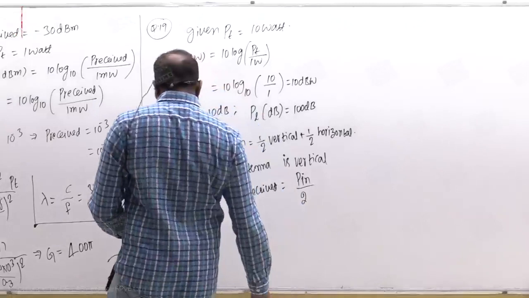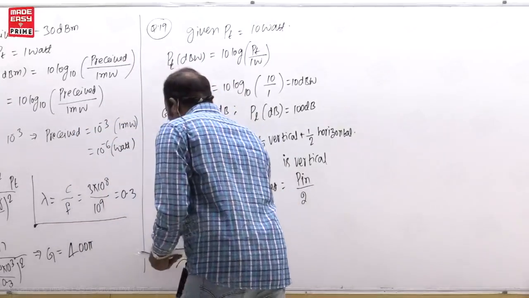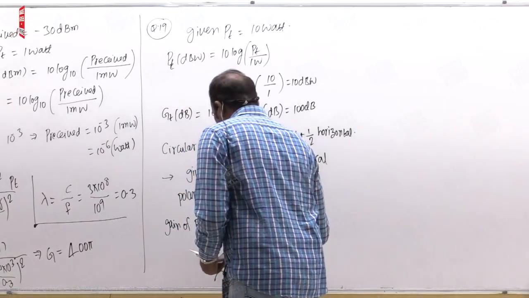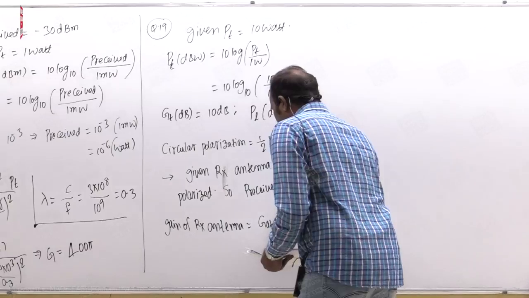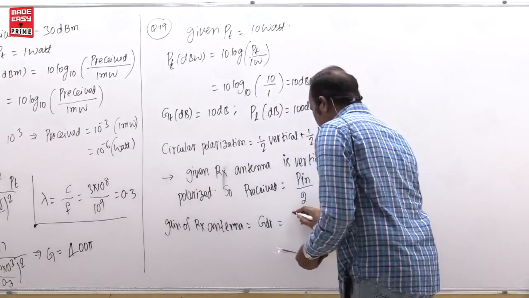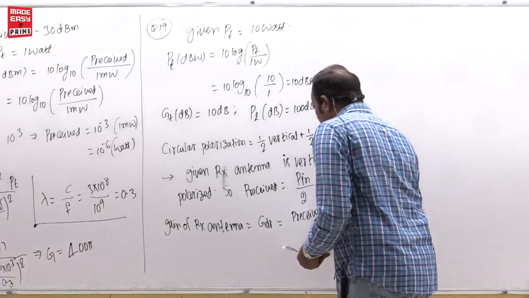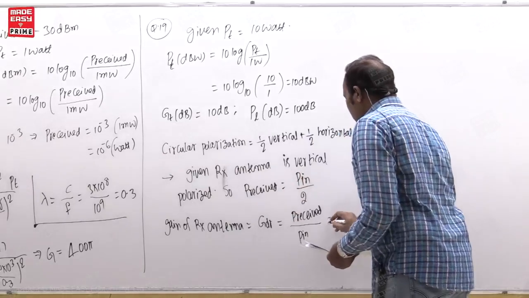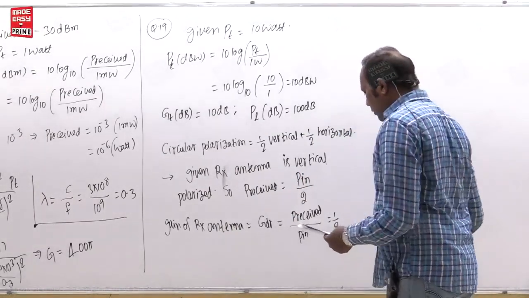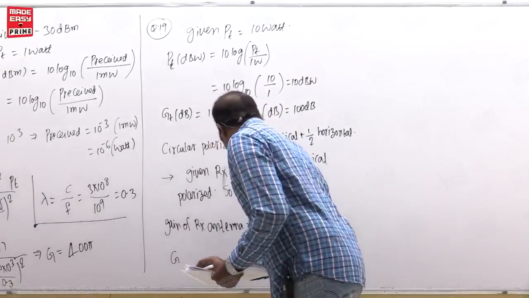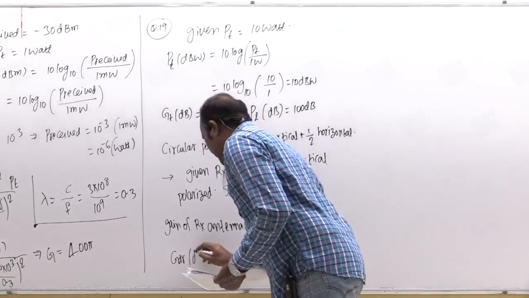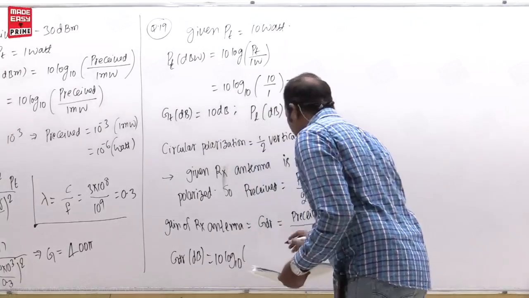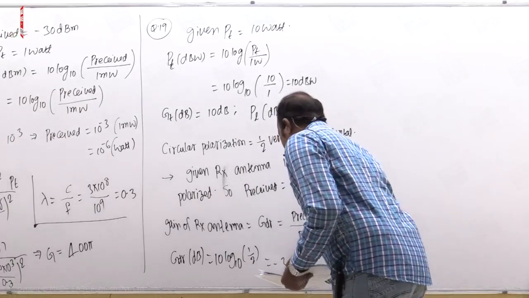Then what is the gain of the receiving antenna, dear students? The gain of the RX antenna, GDR, is equal to power received divided by P in, which is equal to half. If you find the directive gain of the receiving antenna in decibels, you get 10 log 10 of half, that is minus 3 dB.